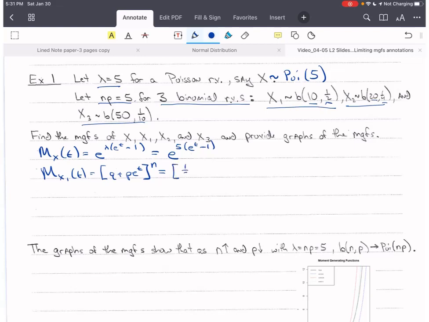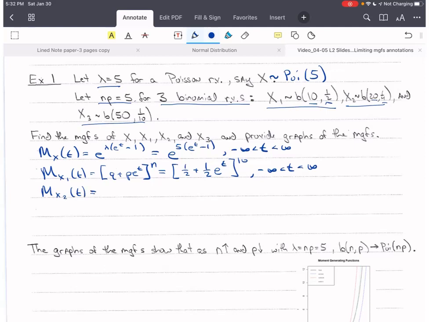So we have (1/2 plus 1/2 e to the t) raised to 10. So n is 10 there. And don't forget your range of t, or else you haven't really told the whole story. So we have to know where t is restricted. In this case, it's not restricted, but we should still say that so the person reading it will know.